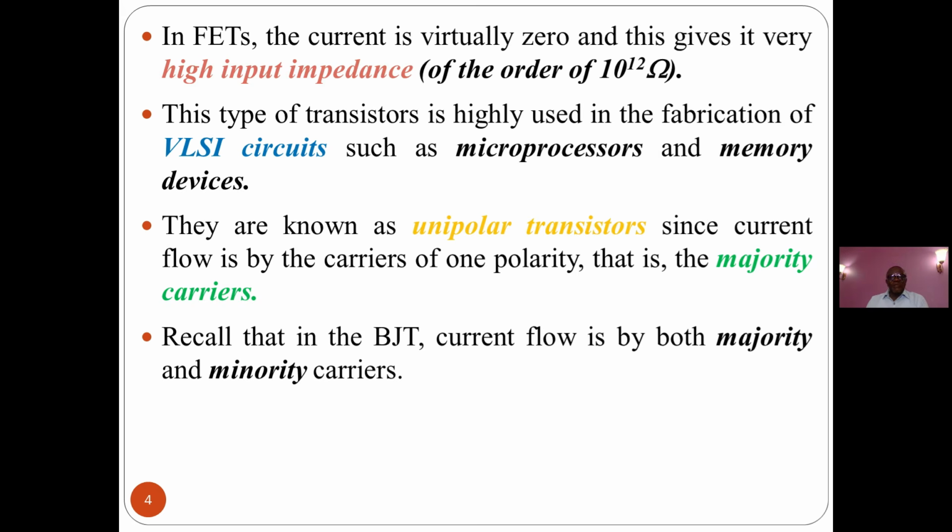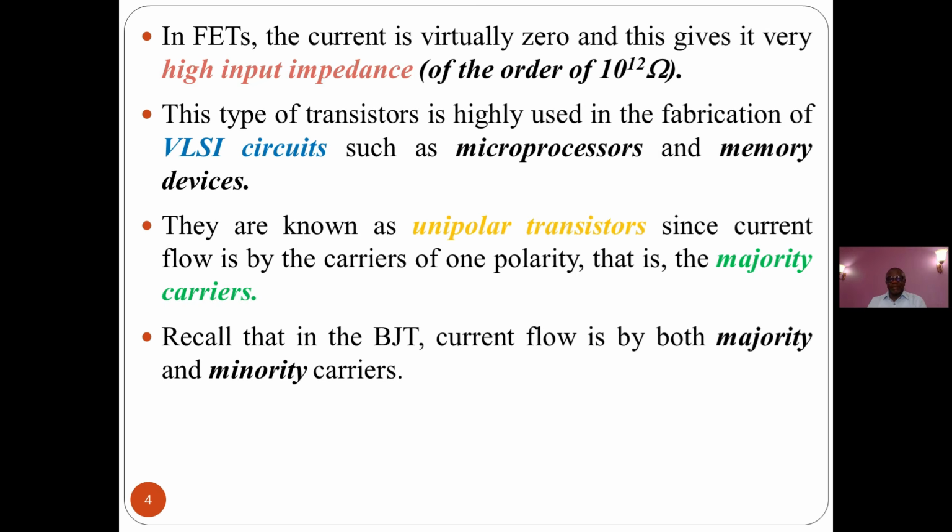The FETs are known as unipolar transistors since current flow is by the carriers of one polarity, that is, the majority carriers. You should recall that in the bipolar junction transistor, current flow is by both majority and minority carriers.